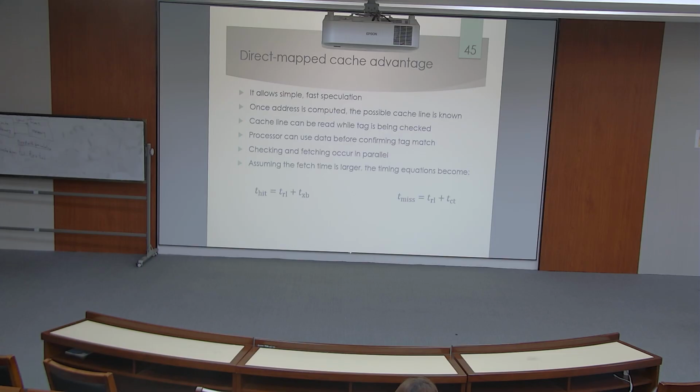Now, you see that the time that the system spent on comparing the tags for direct map with speculation is equal to 0, because the fetching and the checking are being done at the same time.